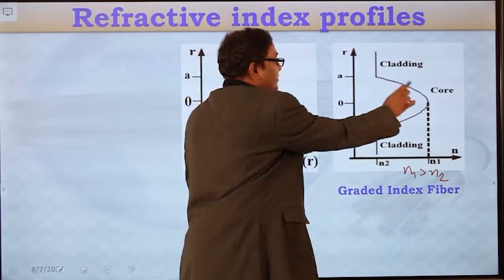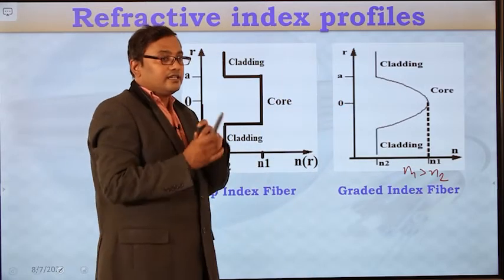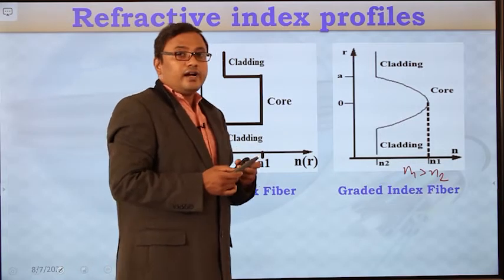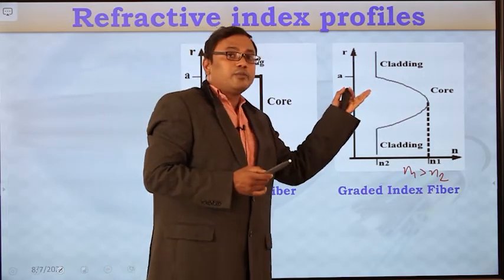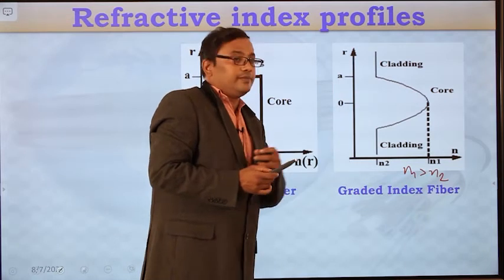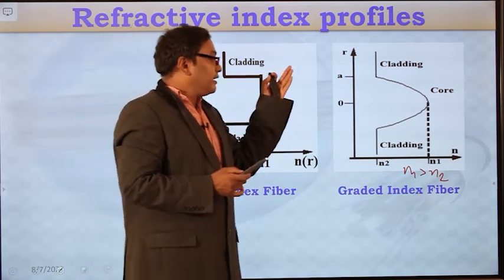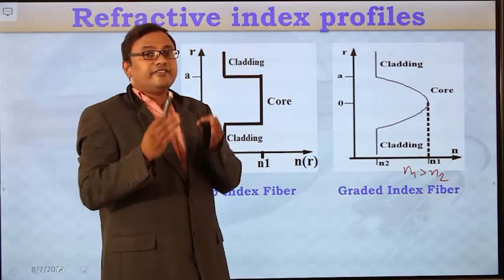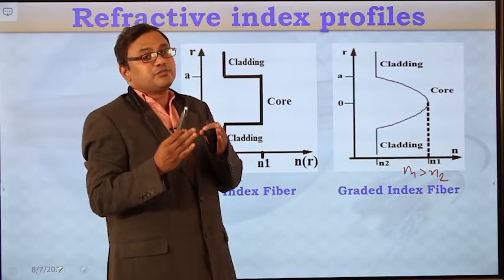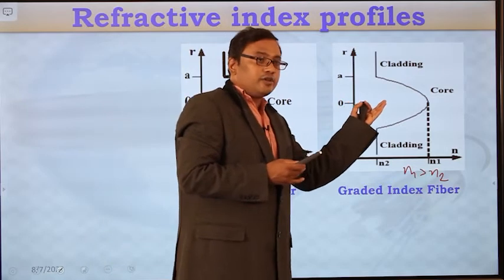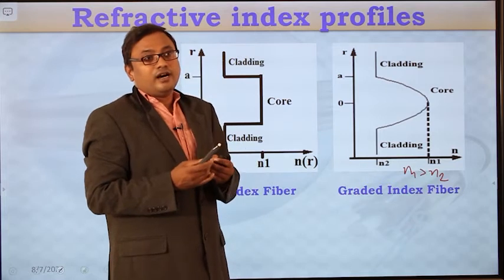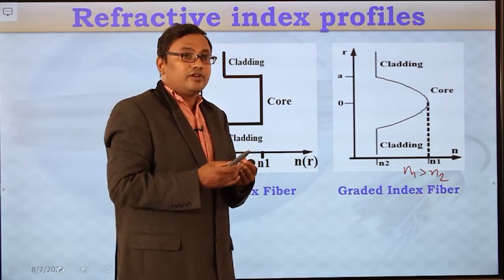Since this gradual variation, we are calling it graded index fiber. But in this diagram, I have shown only the parabolic profile for this graded index fiber, but graded index fibers can be manufactured with different refractive index profiles. Other than this parabolic profile, there may be the triangular profile, or there may be some step profile also.